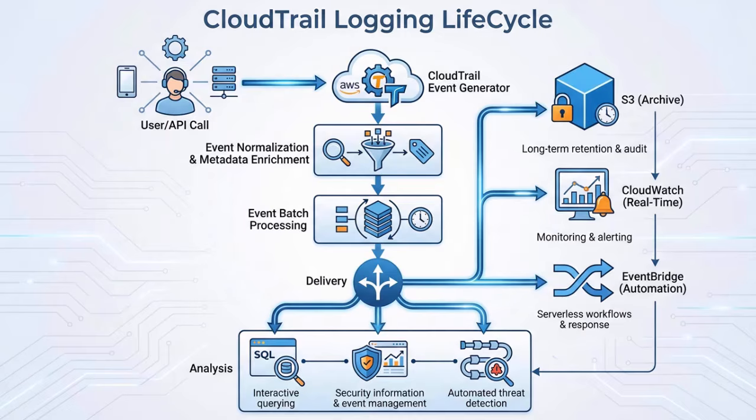After all the processing and enrichment of the event that the user created or at least invoked, we start delivery. Delivery goes into S3 buckets in archive form, then into CloudWatch for real-time inspection, and into EventBridge for automation. After the processing and delivery is finished, we can start the analysis using Athena, SIEM, or detection pipelines. If you understand this flow, guys, you can reverse engineer any attacker's path.